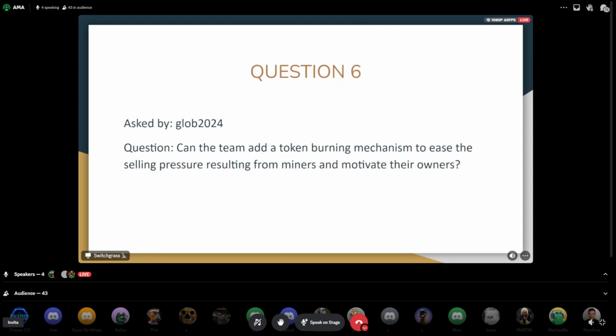The next question is from Glob2024, who asks, can the team add a token burning mechanism to ease the selling pressure resulting from miners and motivate their owners? I mean, we could add a burning mechanism, but I don't think that's going to achieve what you would want it to achieve.